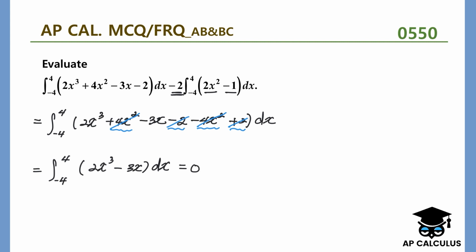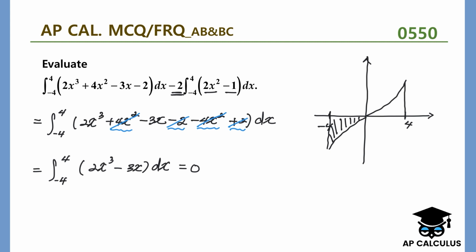Think about this graph right here. If we have an odd function from -4 to 4, here's -4, here is 4. Let's say we have this type of function. Then the area of this part right here is equal to the area of this part right here, right?